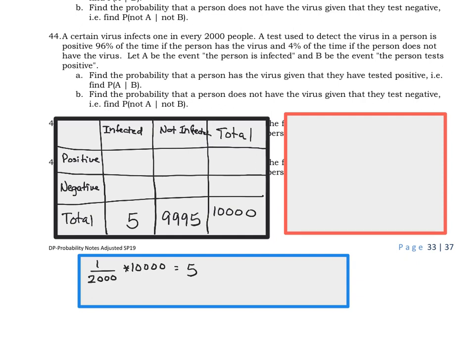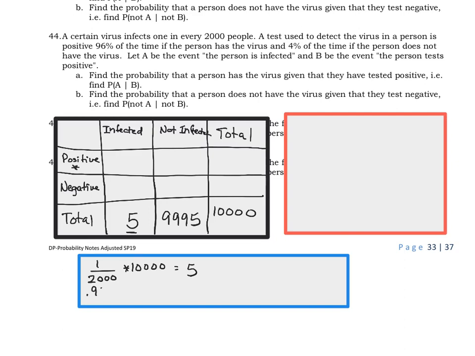A test used to detect the virus in a person is positive 96% of the time if the person has the virus. So we're saying for those people that are infected, they're testing positive 96% of the time.